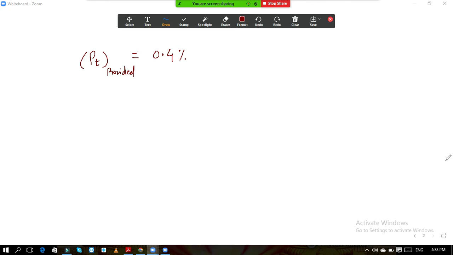Now suppose this is our slab and it is simply supported, as stated in the problem. So this 0.4 percentage of steel, that is area of steel Ast, is provided at the center of the slab.